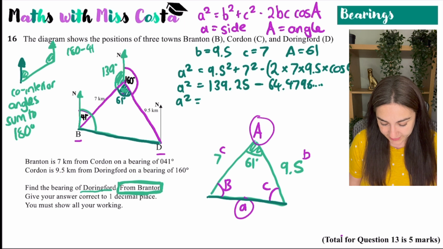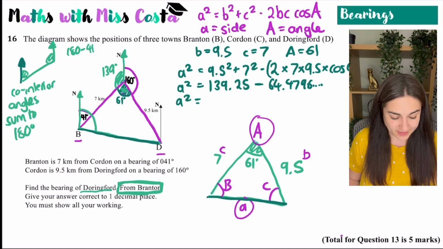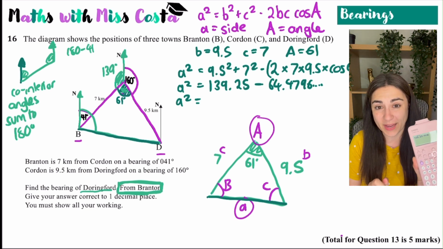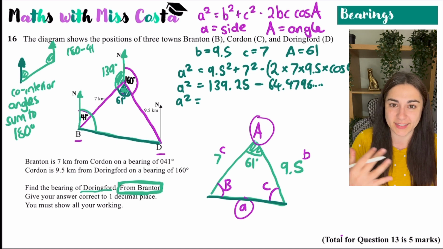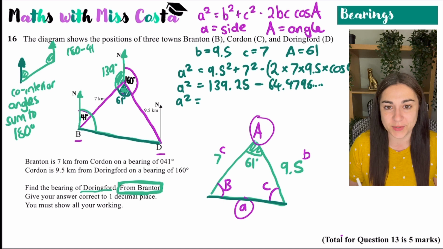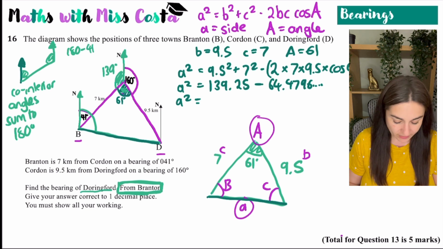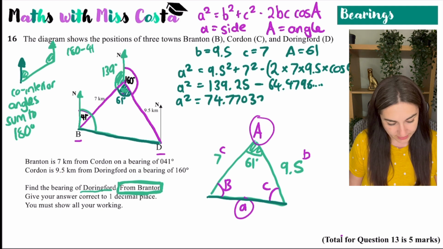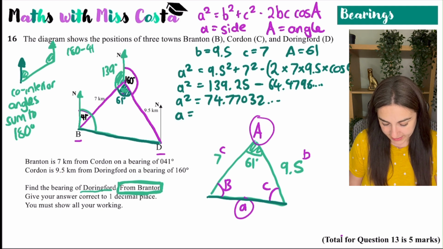So a squared is going to be 139.25. Oops, I'm supposed to be typing that into my calculator. 139.25, take away answer. So your calculator automatically memorizes the last thing that it calculated, so you can just use that as a shortcut. So take away answer is 74.7703 and so on, and a is going to be the square root of this.